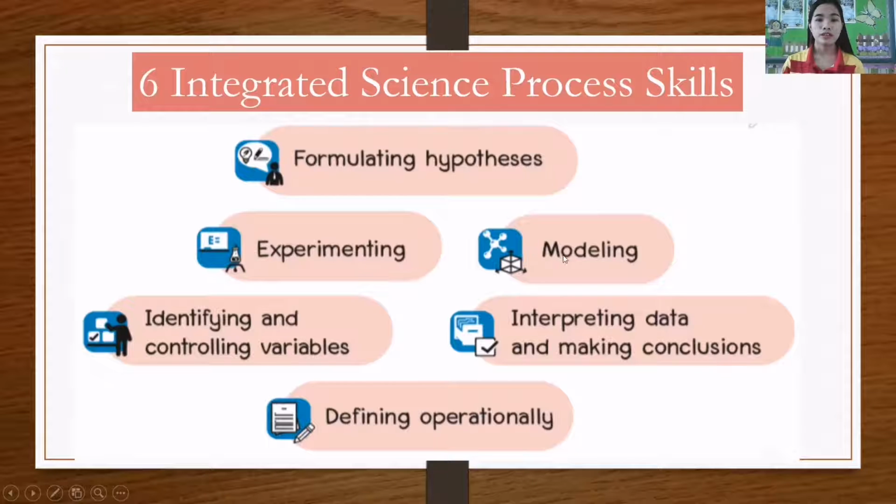Third, modeling. Fourth, identifying and controlling variables. Fifth, interpreting data and making conclusions. And the last one, number 6, defining operationally. So these are the 6 integrated science process skills.